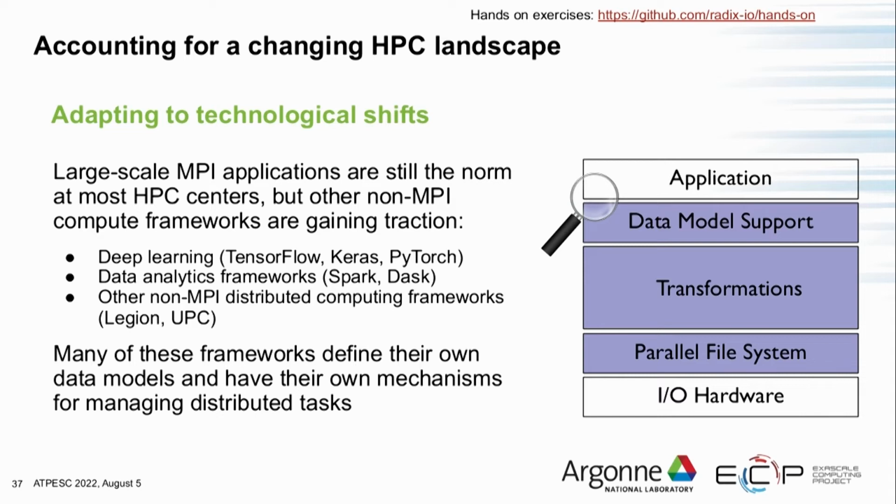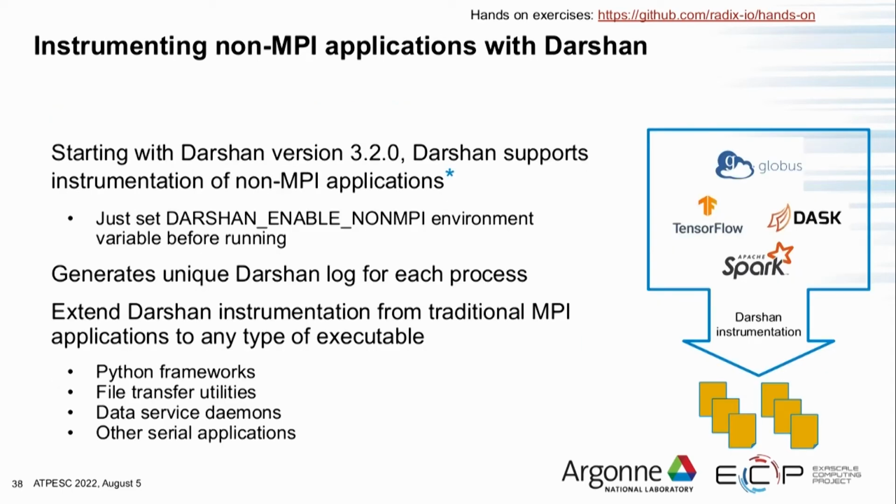These different frameworks all have their own ways of defining data models and their own mechanisms for managing distributed tasks. And so we wanted to account for this in Darshan somehow, which, as I mentioned earlier today, was strictly tied to MPI applications in the past. So we wanted to break that dependency so that we could use Darshan in more contexts.